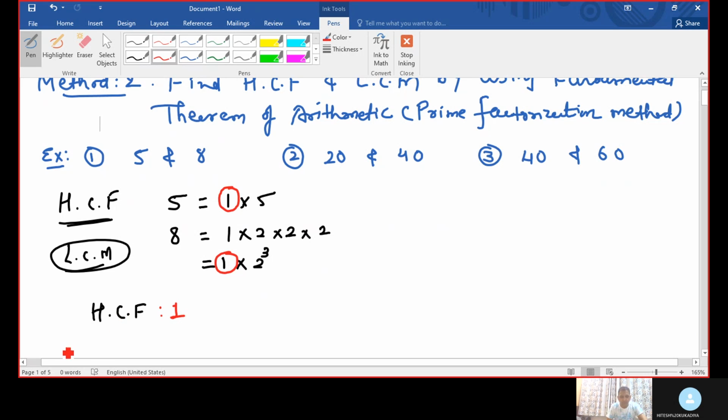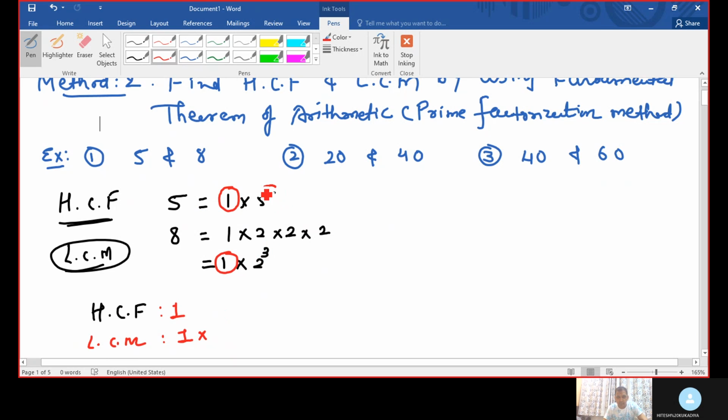Okay. Now LCM, least common multiple. When we find LCM, first we write the HCF, compulsory. Now which factors are remaining in both the numbers?